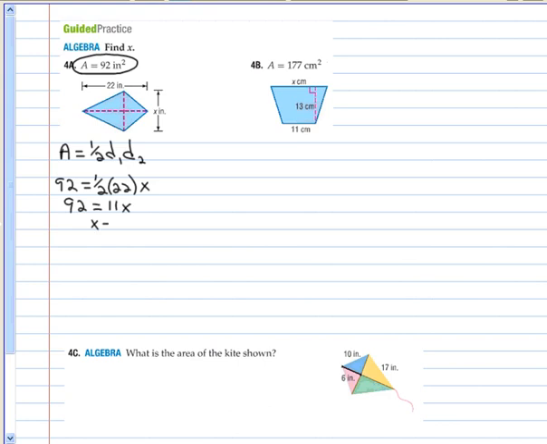So I can find x by dividing by 11. What do you get? 8.36363. So 8.4 if we round to the nearest tenth. Inches square? Whoa, is that inches square? That's just inches. That one is a length, x. That diagonal is 8.4. So trying this one, what's the area formula for this shape?